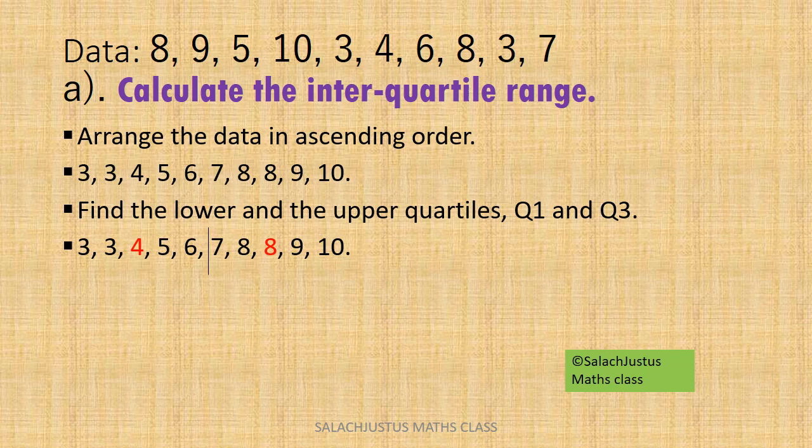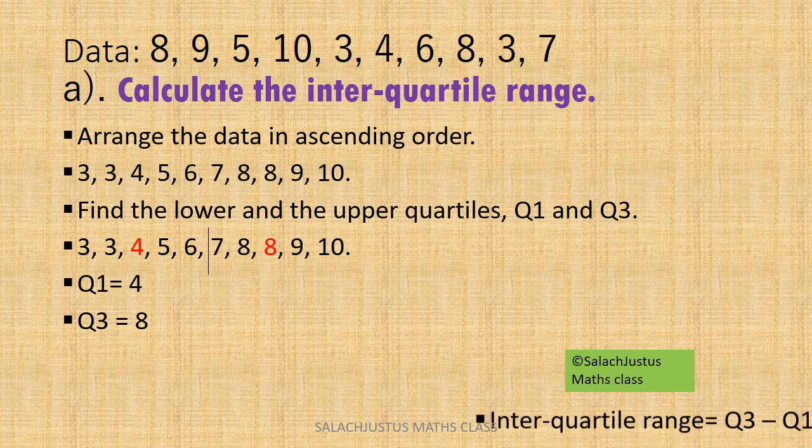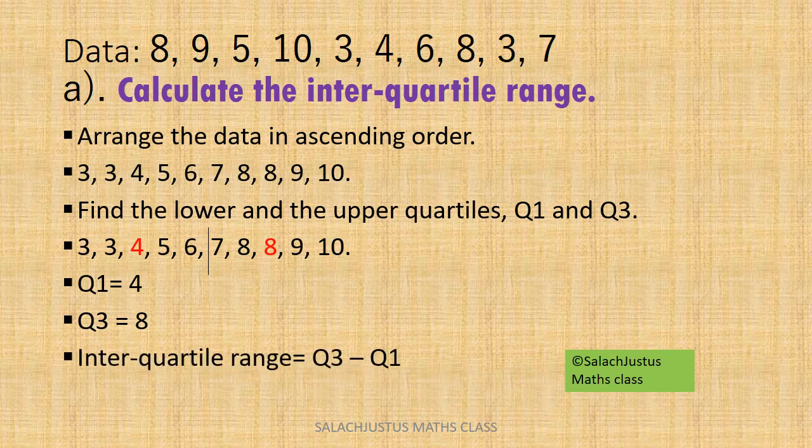If you have a challenge in calculating Q1 and Q3, kindly watch part 1 of this subtopic. So Q1 is 4, Q3 is 8. The difference between the two shall be 8 minus 4, which is 4. So the interquartile range, the range between the upper and the lower quartiles, is 4.